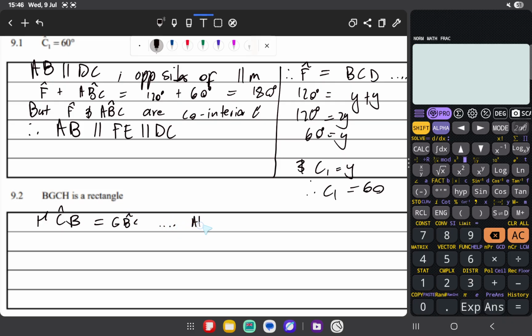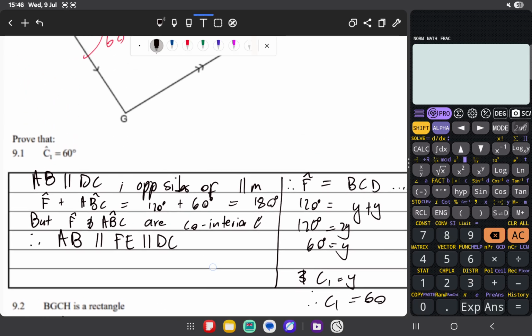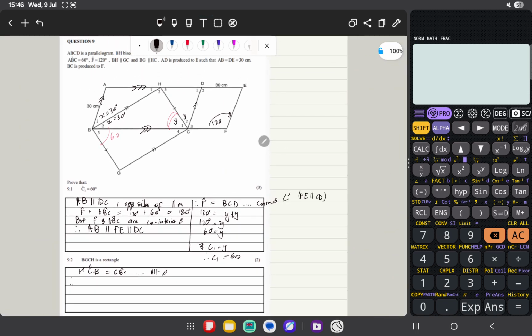Reason, alternating angles, right? Therefore 60 degrees equals GBC. Yeah, cool.